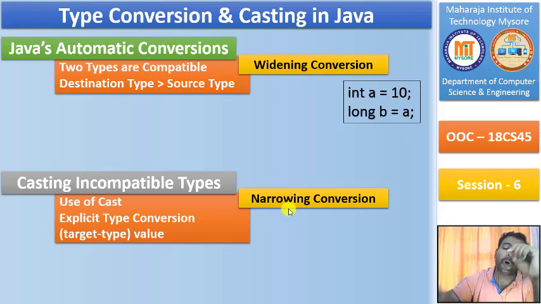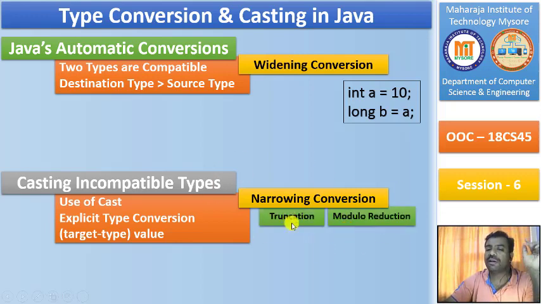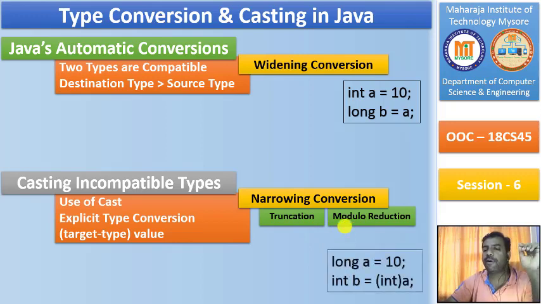When you do the narrowing conversion, there are two methods to handle it. The first is the truncation method. The second is the modulo reduction method, where we use the modulus operation, the remainder operation. As an example of modulus reduction, look at this.